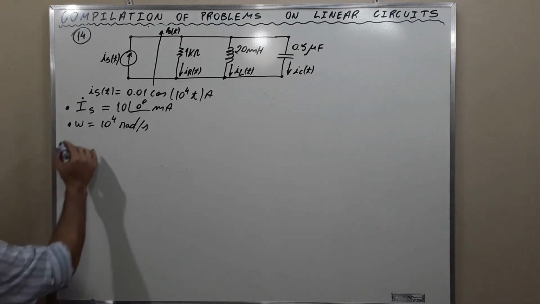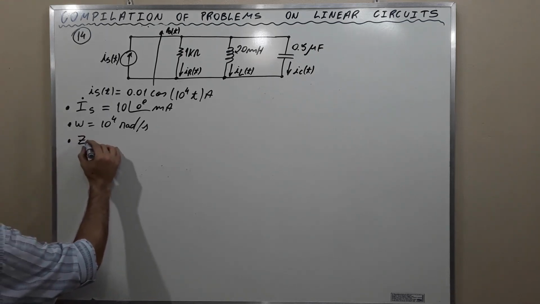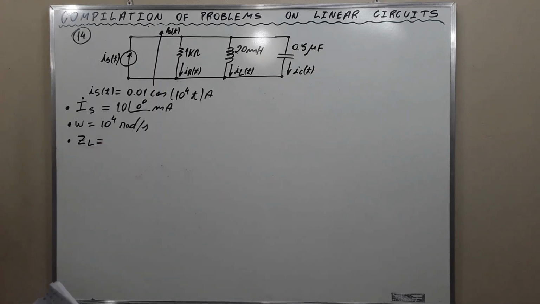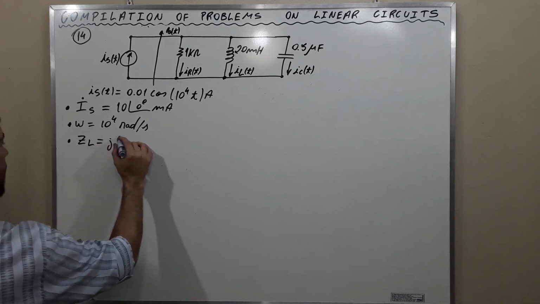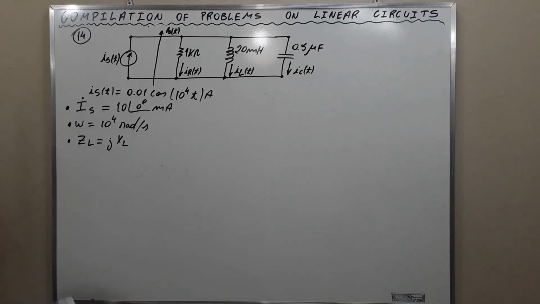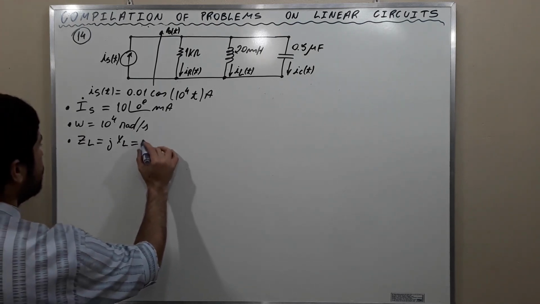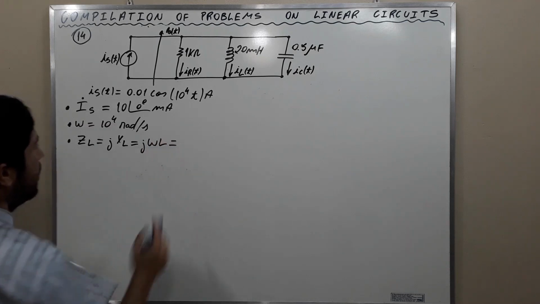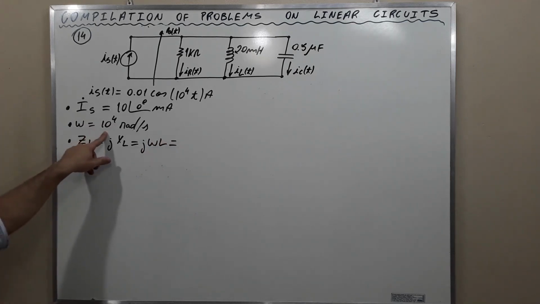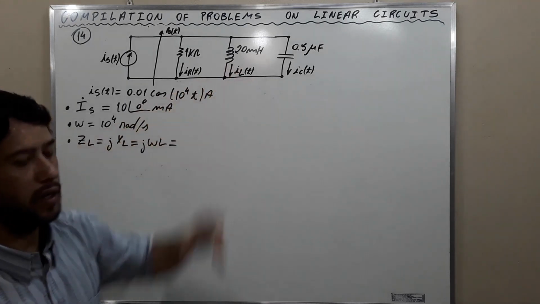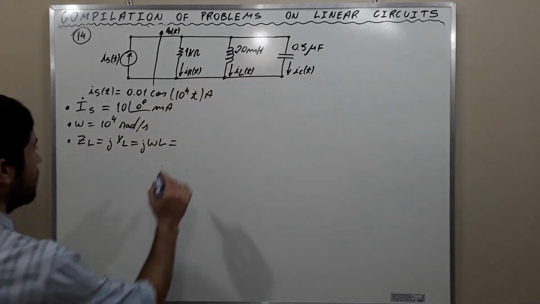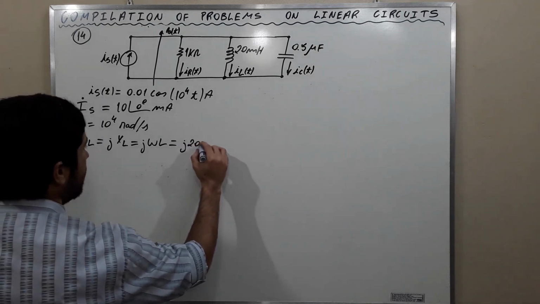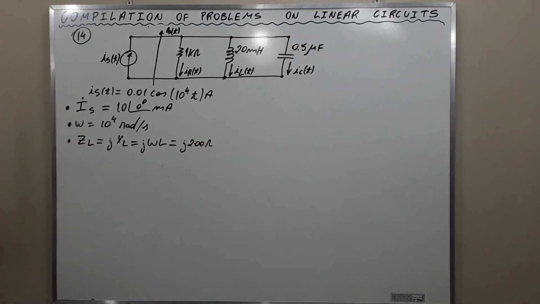Observe that the impedance of the inductor is equal to J times the inductive reactance, and the inductive reactance is equal to WL. If we use the value of the angular velocity and the inductance, we find J 200 ohms. This is the impedance of the inductor.